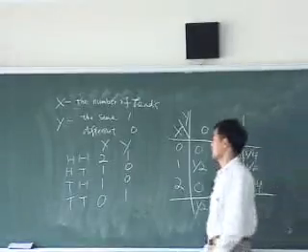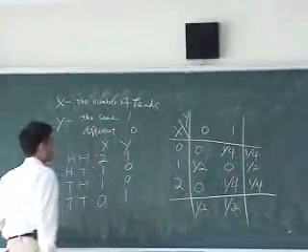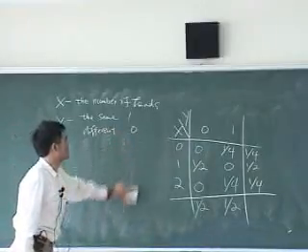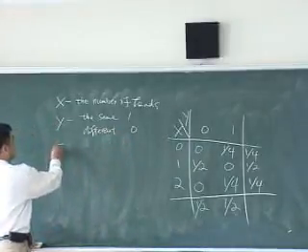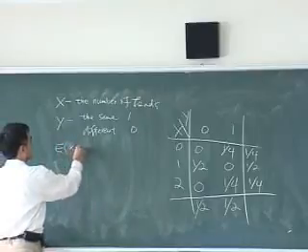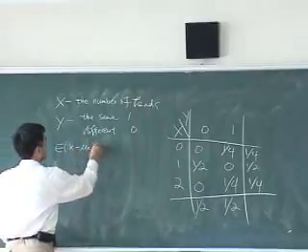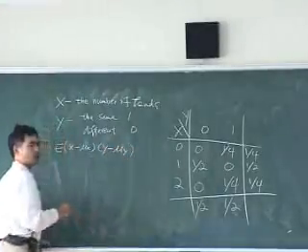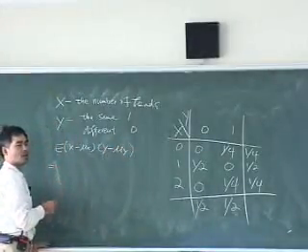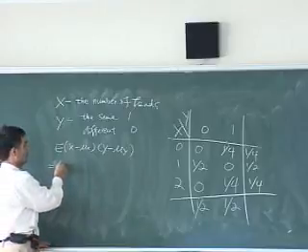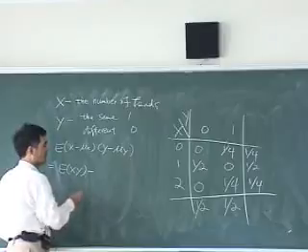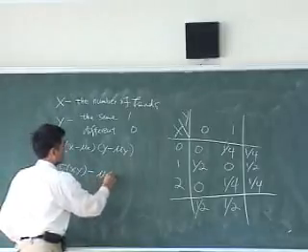Now the question is, we are trying to calculate the expectation of (x minus mu x) times (y minus mu y), but we know that this can be simplified to expectation of xy minus mu x times mu y.